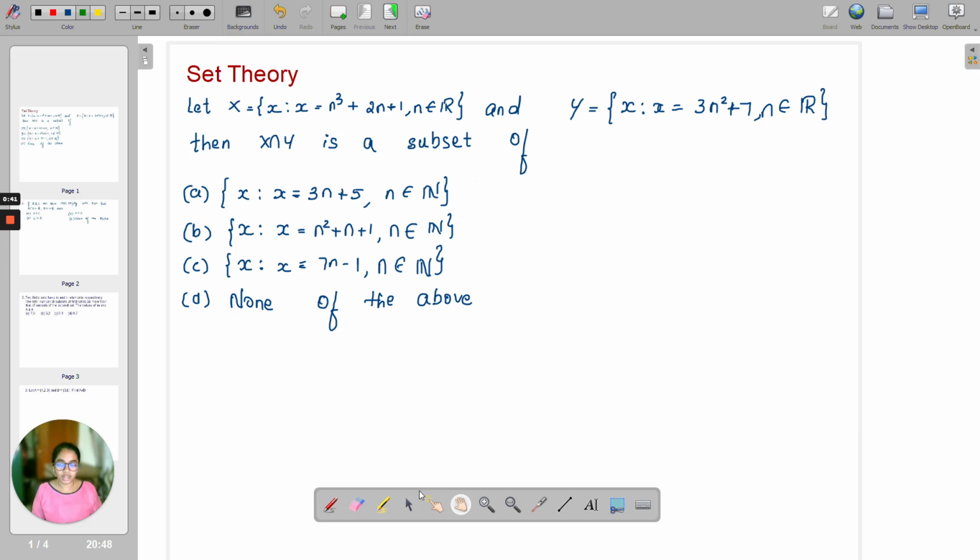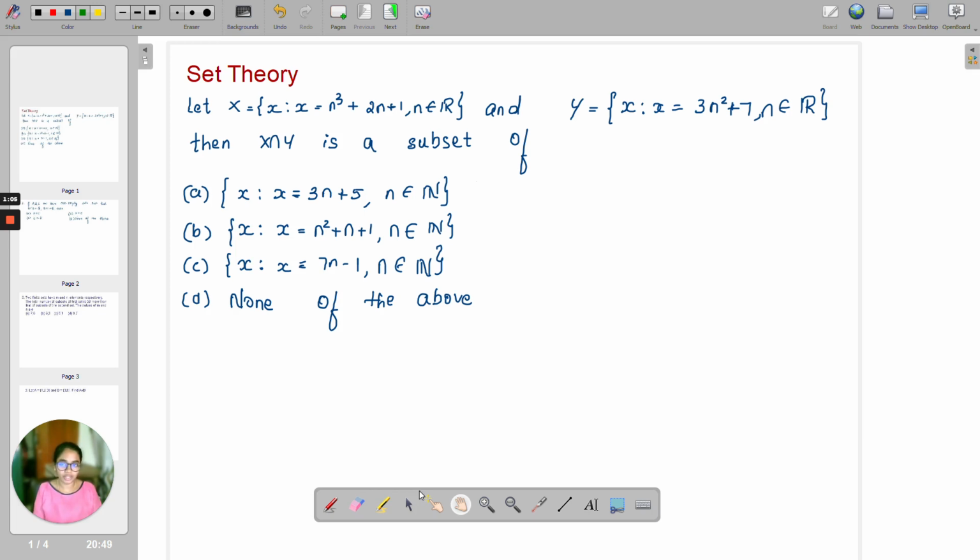Now in this video lecture, let us solve some problems on set theory. As you can see, I've already written a problem that says X is equal to the set of x such that x is equal to n cube plus 2n plus 1, where n belongs to the set of real numbers.